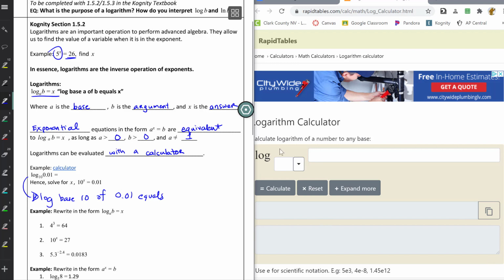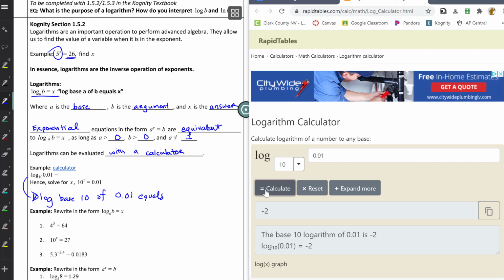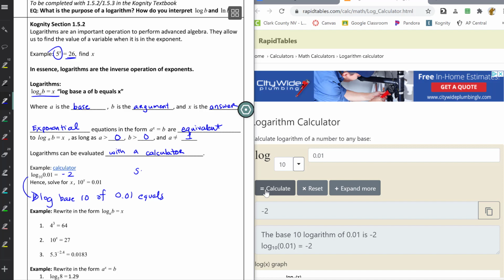We are asking ourselves, 10 to the what power equals 0.01? When we calculate it, we see -2. So what that tells me is that 10 to the -2 power equals 0.01.